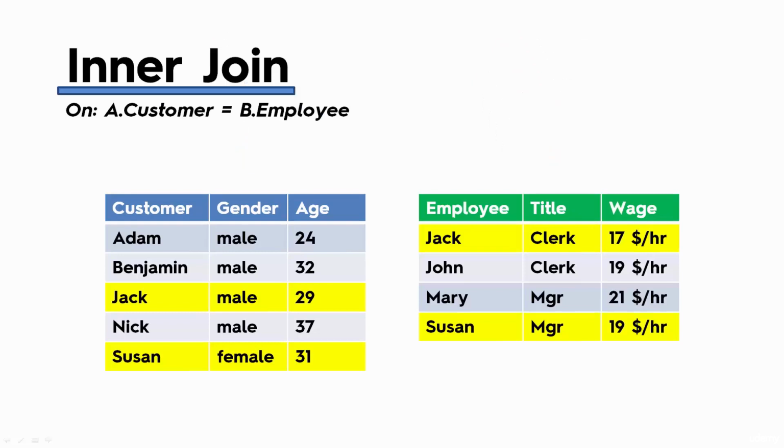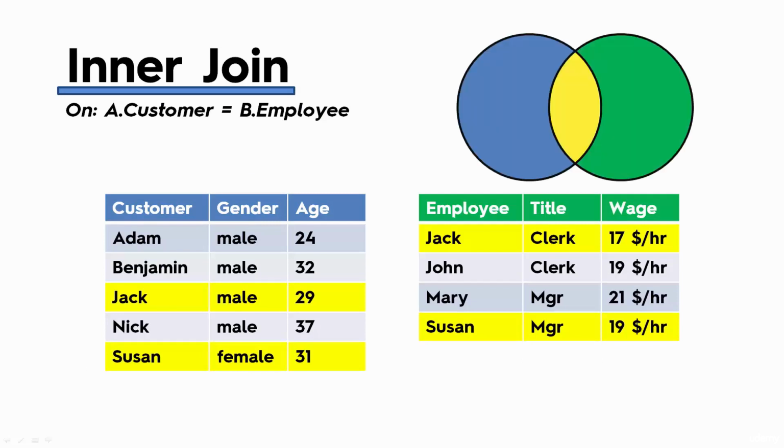Well, let's start off with an inner join and have a look at how it works. An inner join will take the two tables and look at only their intersect. So if we're joining our tables on customer equals employee, and it's an inner join, then the remaining rows will only be the matching rows.